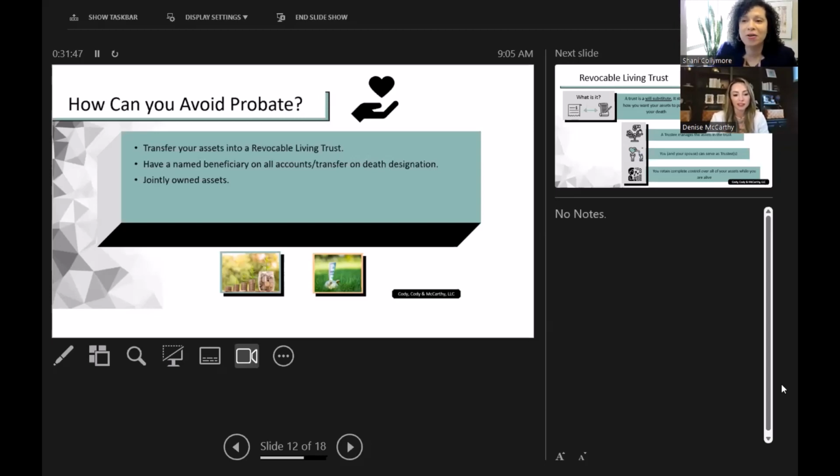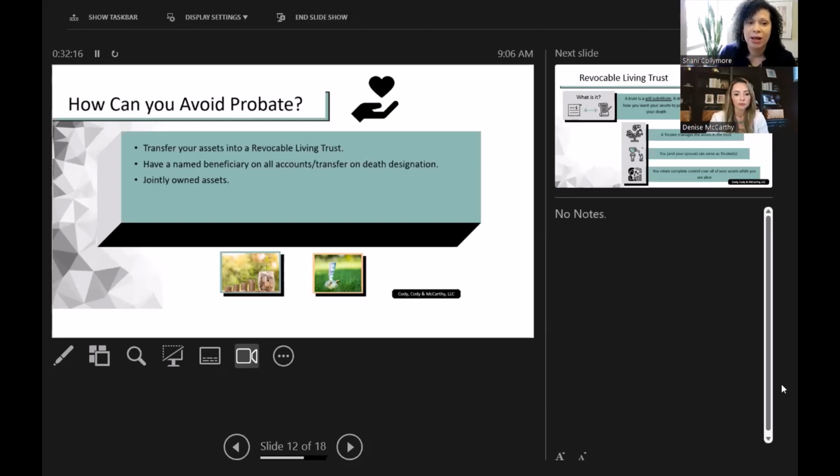If you want to avoid having to go through that probate process, the number one way is having a revocable living trust that you can transfer all of your assets into. Essentially, a revocable trust can own anything that you can own. You can also avoid probate by having updated beneficiaries on all of your accounts and transfer on death designations on your IRAs and life insurance.